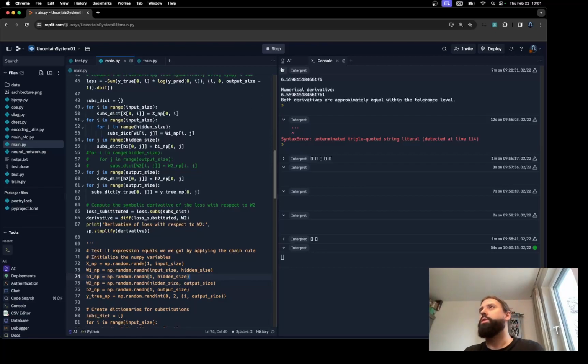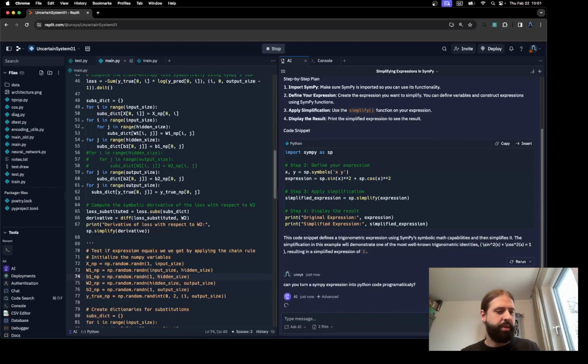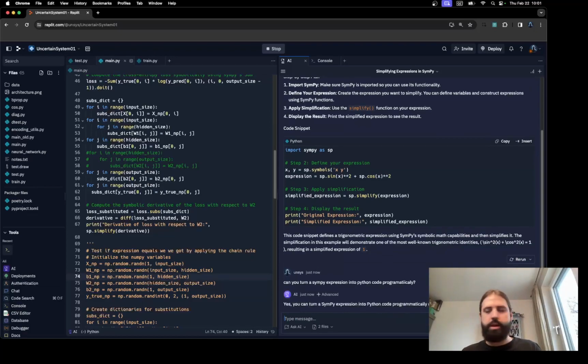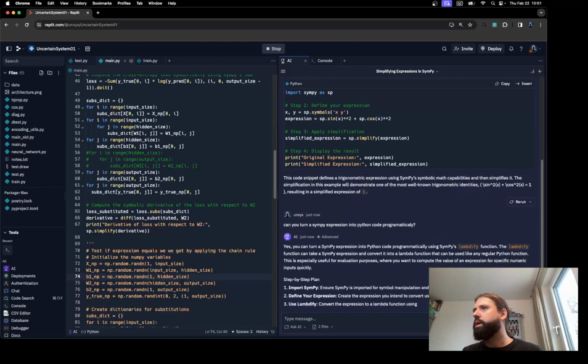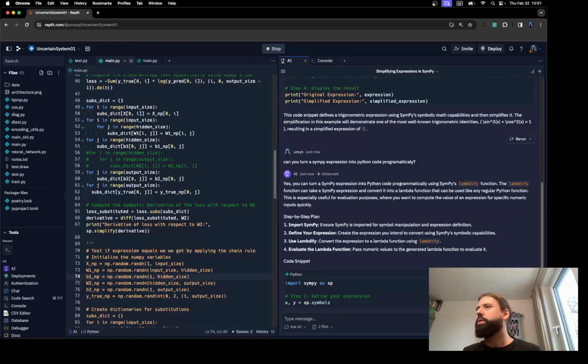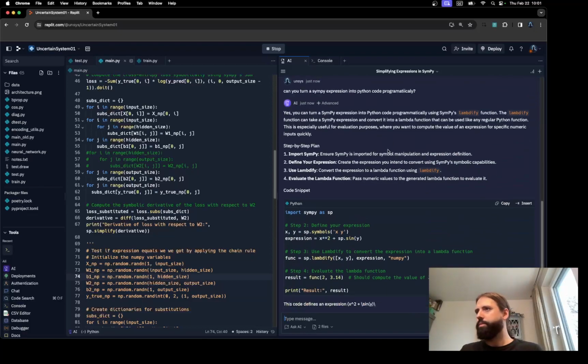So can you turn a SymPy expression into Python code programmatically? That would be cool. Lambdify. Yeah, so there is actually Lambdify. Something we could try. Interesting.